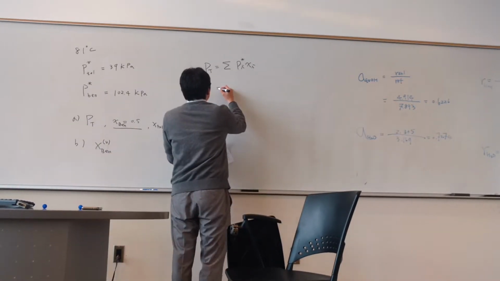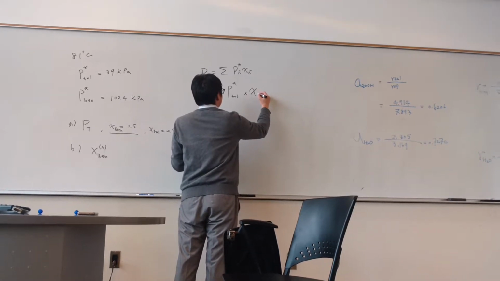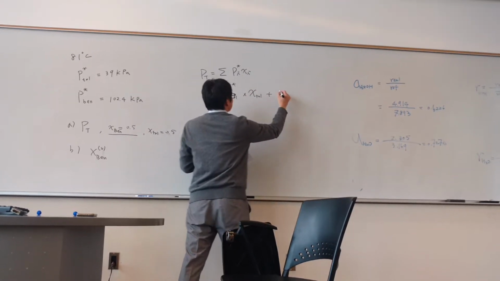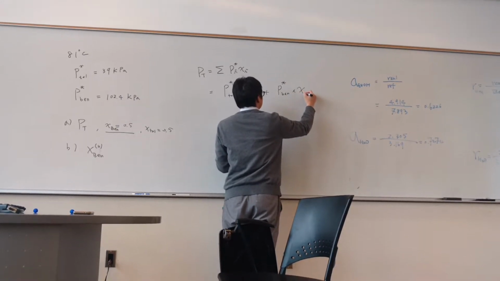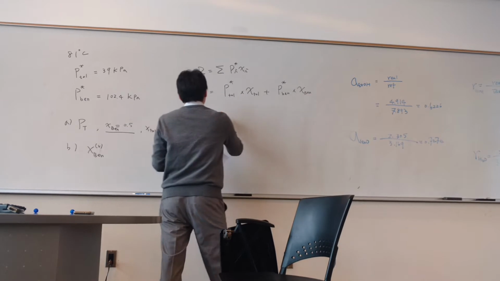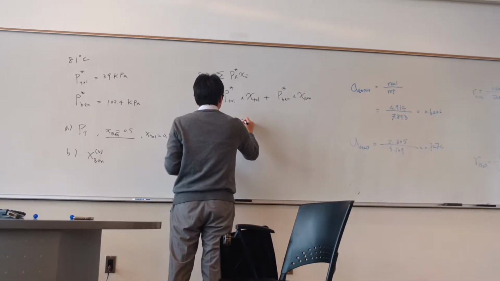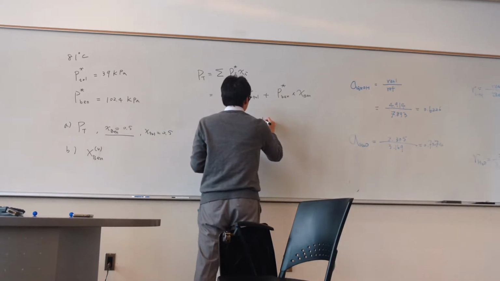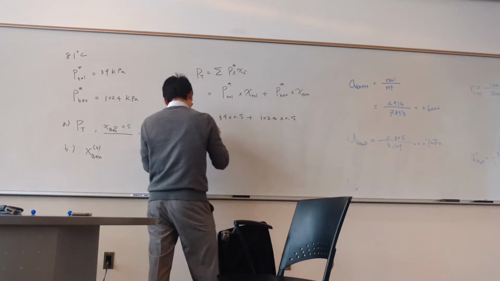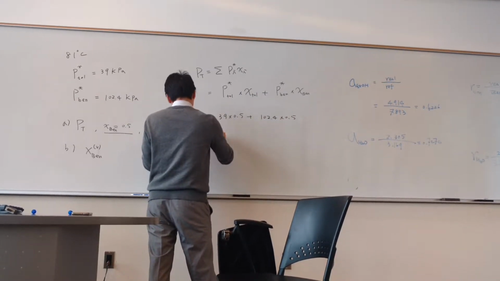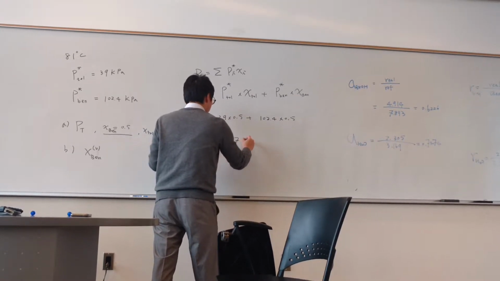So this will equal P star toluene times the mole fraction of toluene plus P star benzene times the mole fraction of benzene. So 39 times 0.5 plus 102.4 times 0.5. If you calculate this, you get 70.7 kilopascal.